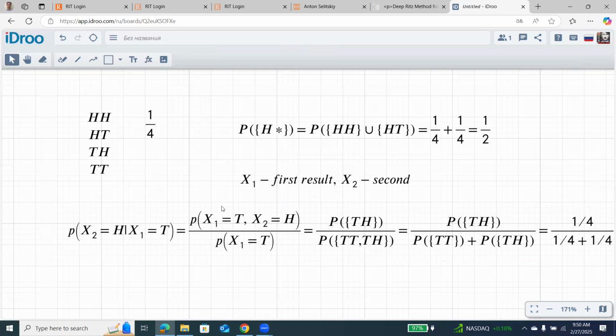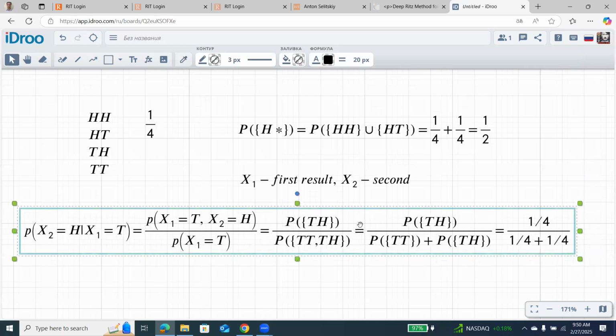Again, this formula is not something deep, it's just an axiom. So in probability, this is just the definition of the conditional probability.